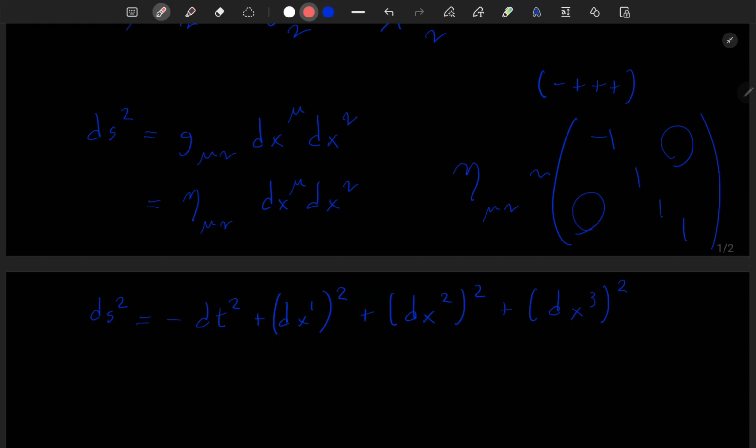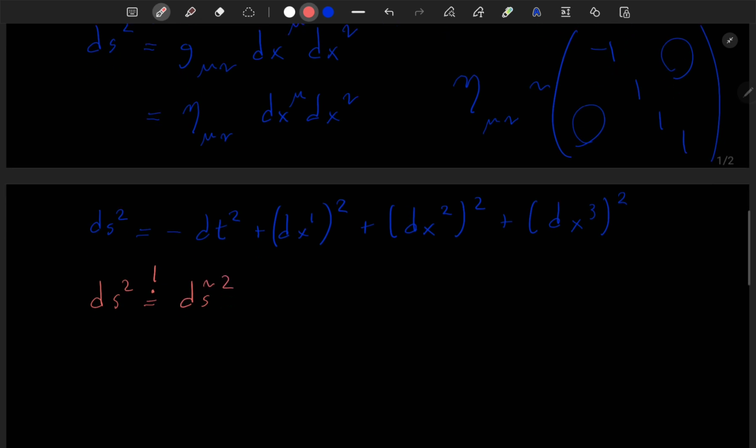Now from here, we insist that the space-time interval before and after we take a Lorentz transformation of our vector should be unchanged. This is supposed to be a little prime. Maybe I'll use a squiggle. We insist it's the same.